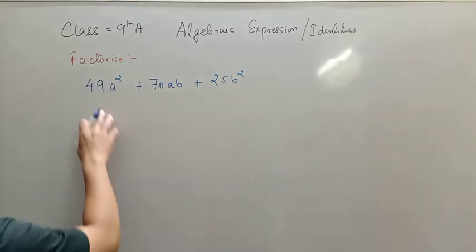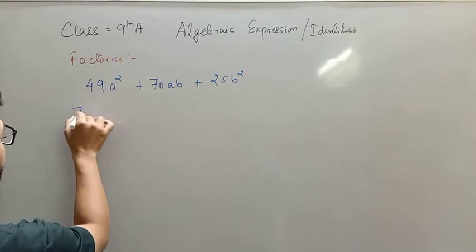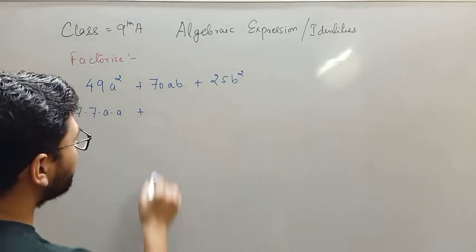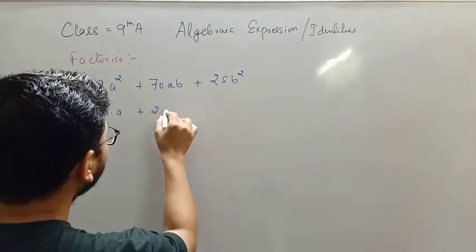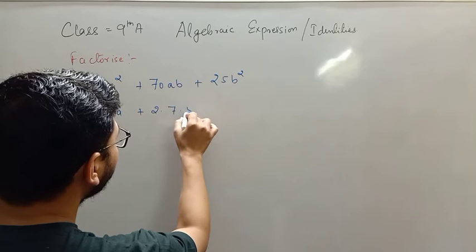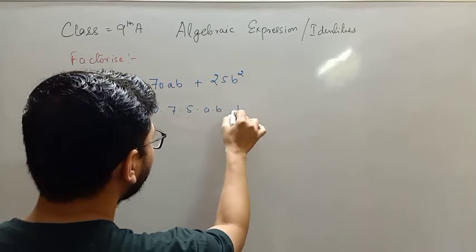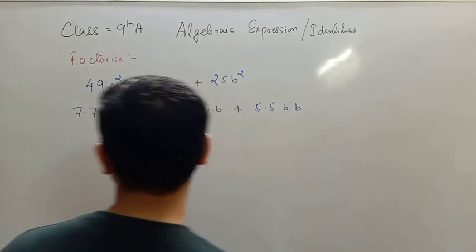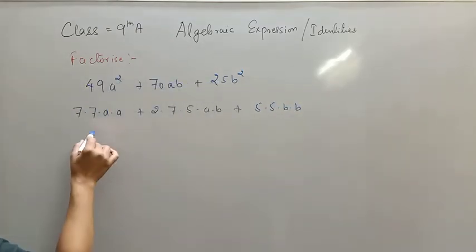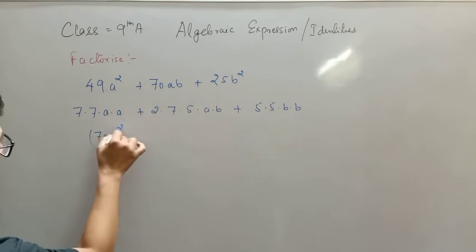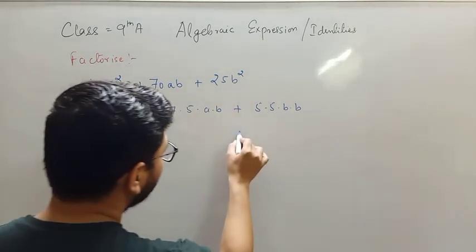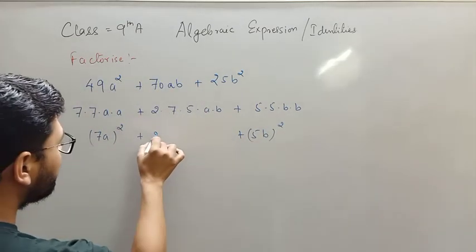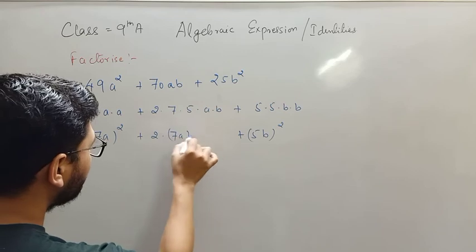So 49a square can be written as 7 7s are 49 a into a. 70 can be written as 2 into 7 into 5 into a into b, plus 25 can be written as 5 into 5 b into b, right? Now can I write like this 7a square? Can I write 5b square? And can I write 2 into 7a into 5b?